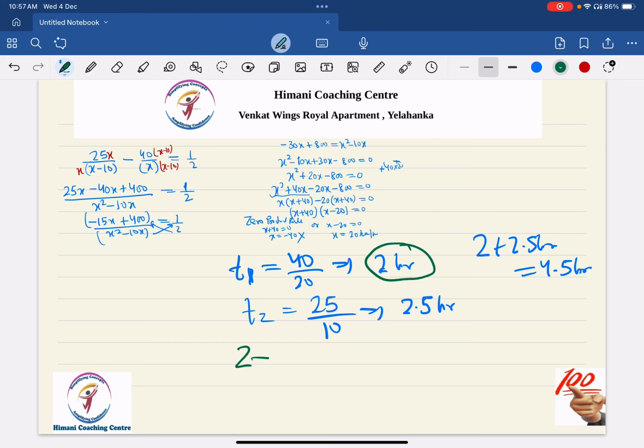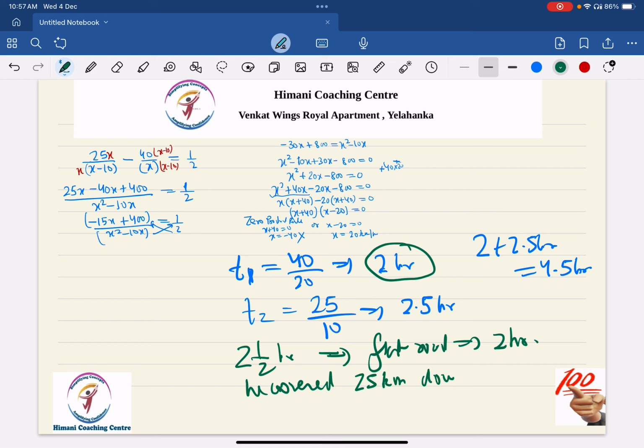That means out of 2.5 hours, since his speed was the same on the flat road, he would have taken 2 hours. So that means he covered 25 kilometer downhill in half an hour.